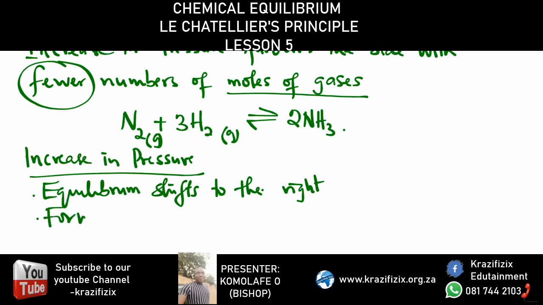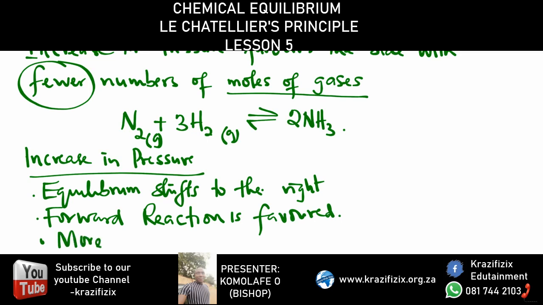Forward reaction is favored. And here we have more ammonia gas is what? Formed. All right, equilibrium will shift to the right. Why? It has fewer number of moles.